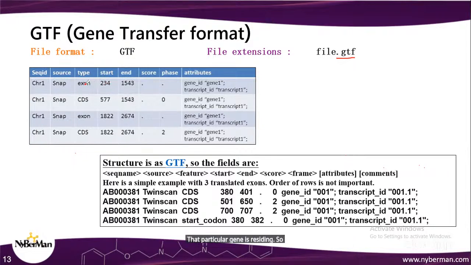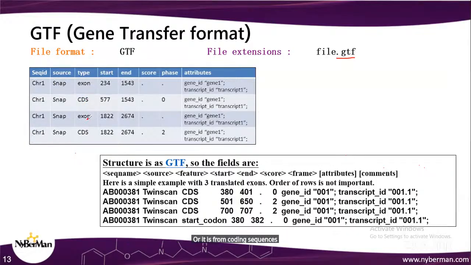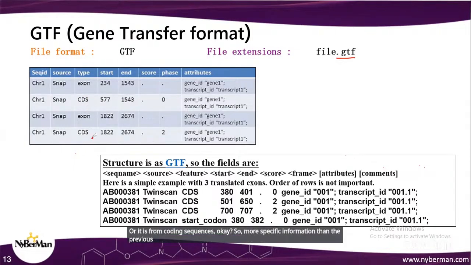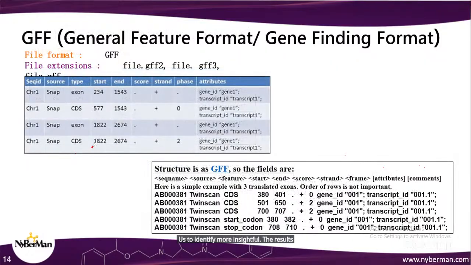So within that gene, whether that particular sequence belongs to exon regions or is from coding sequences. Okay, so more specific information than the previous files, right? All these types of files will only help us to identify more insightful results from our data.